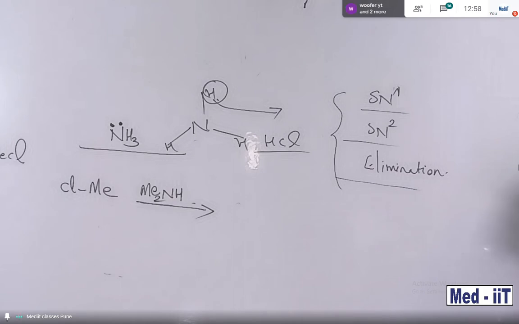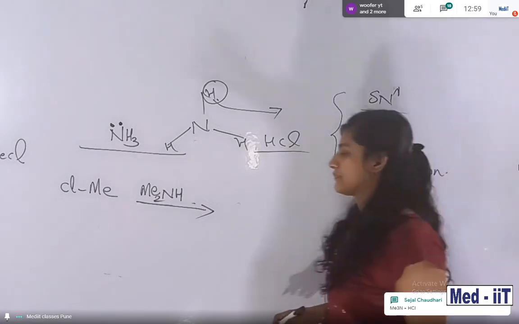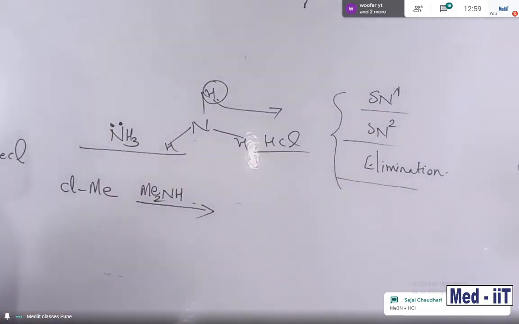Do it fast. Cl is the leaving group. To that, hydrogen is also leaving. So finally, we will get the remaining terms, Me3N and HCl. Right.